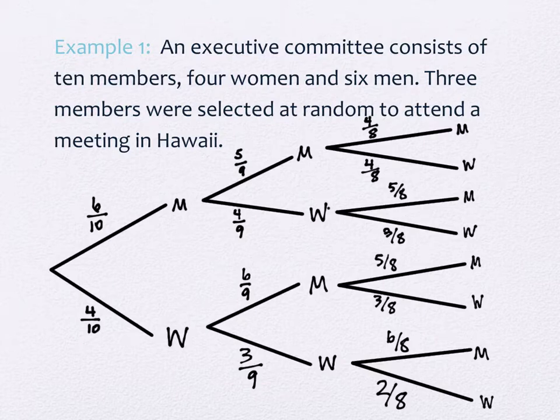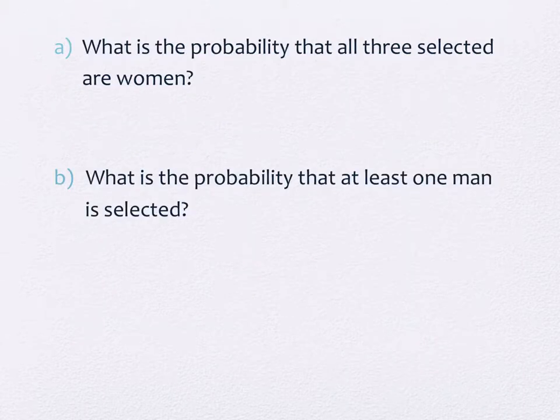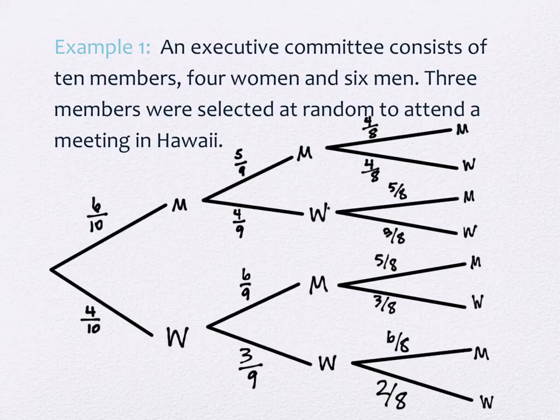All right, so let's look at the questions that are posed about this scenario now. The first one asks the probability that all three selected are women. What is it asking me to find from this diagram? Yeah, the product of the very last branch, right?